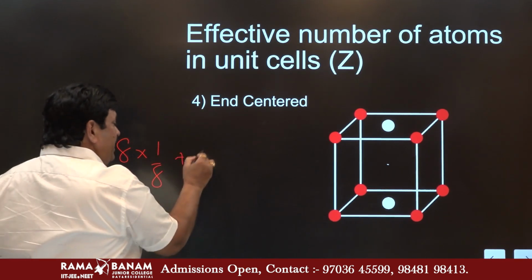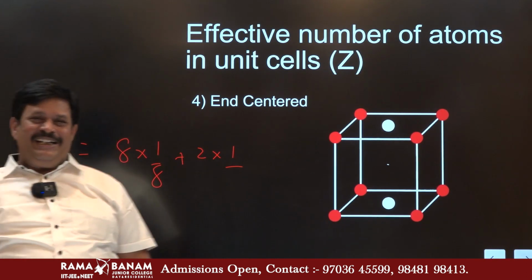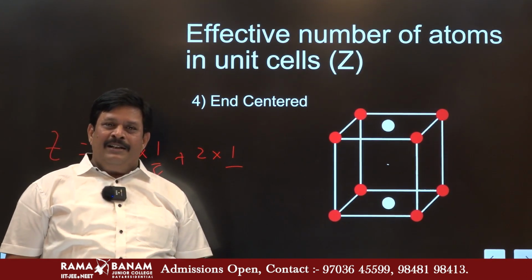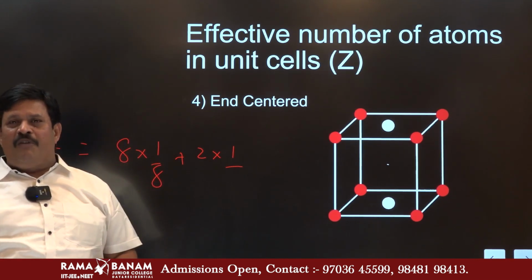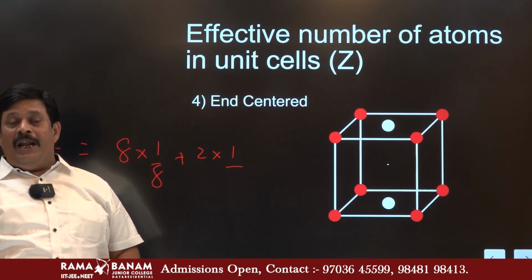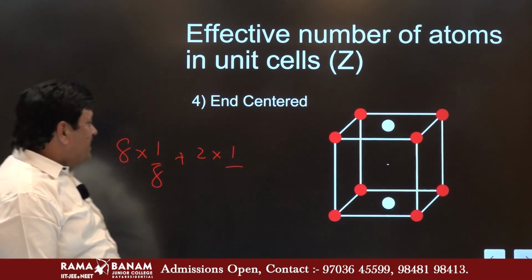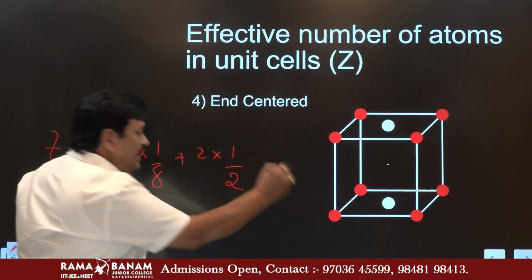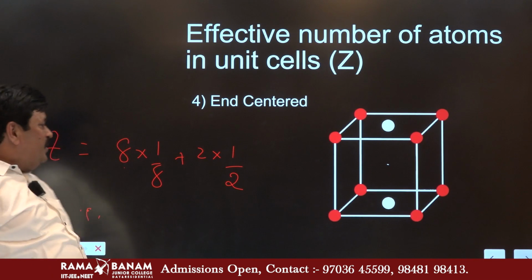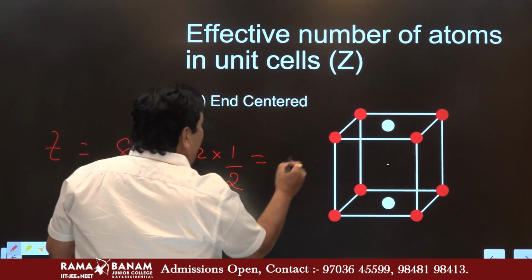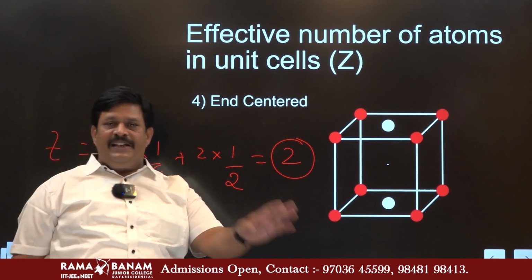Only 2 phase centers, and for any phase center particle the contribution is 1 by 2 only. So 8 into 1 by 8, plus 2 phase centers with contribution 1 by 2, so 2 into 1 by 2. So the Z value for end-centered cubic unit cell is also 2, like BCC.